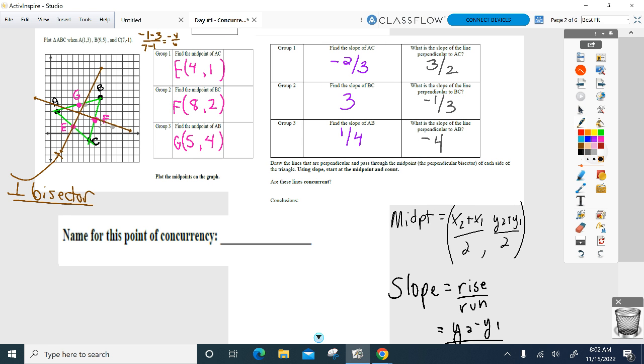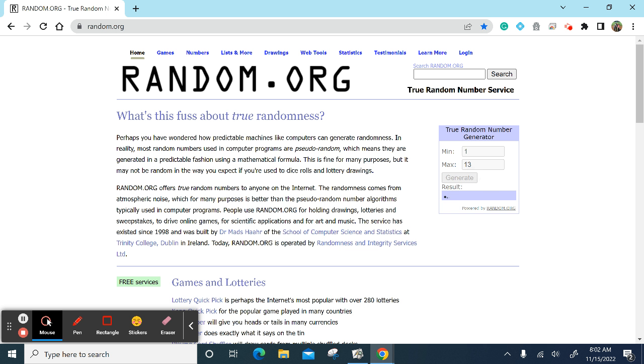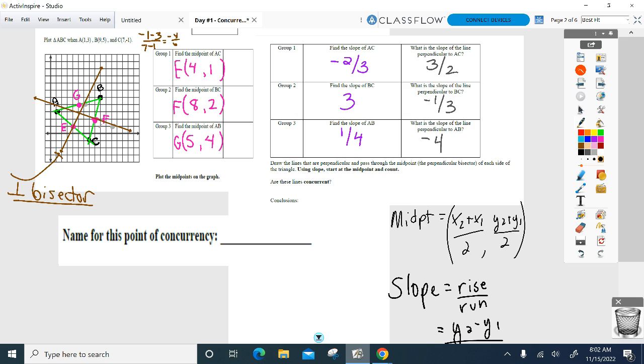All right, everyone, travel over with me to point G. Where can I go from point G if I need a slope of negative 4? Down 4 over 1 to the right. Or you guys can go up 4 to the left 1. Your call.